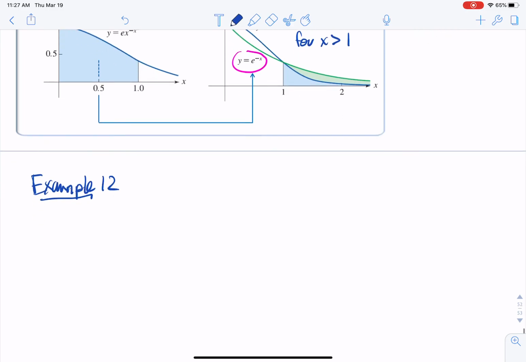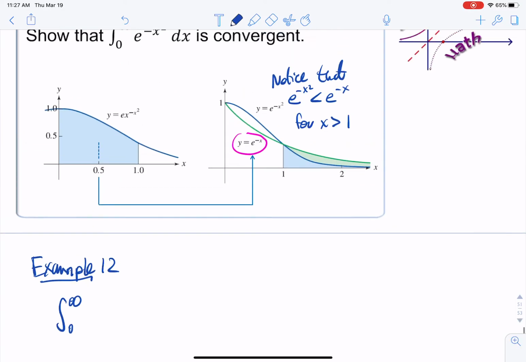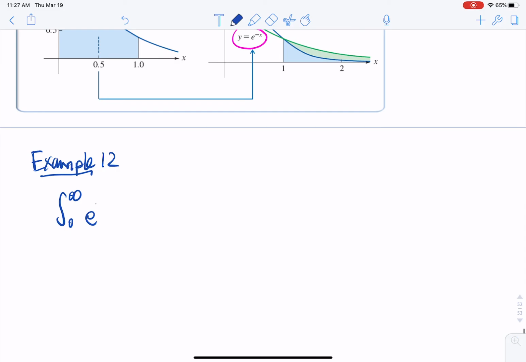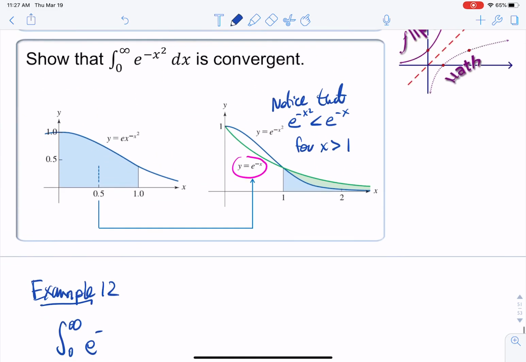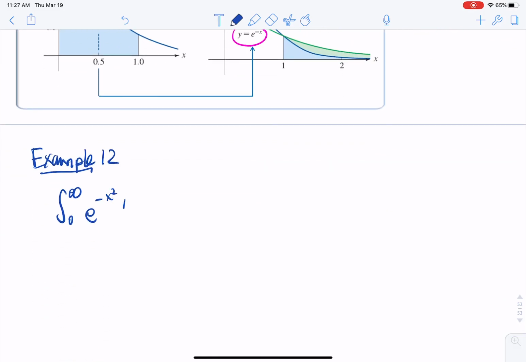We've got the definite integral from 0 to infinity of e to the negative x squared dx.